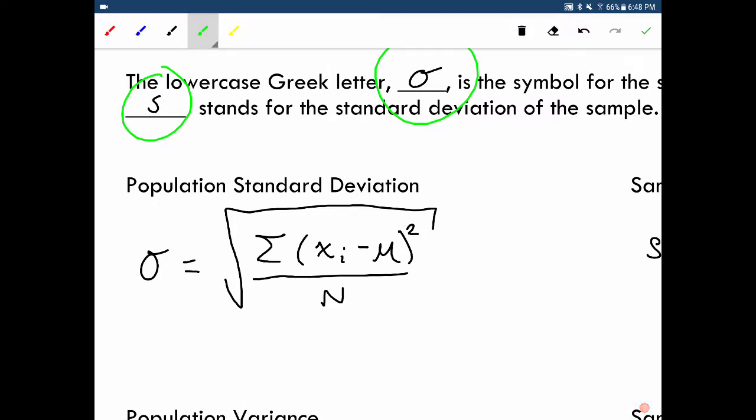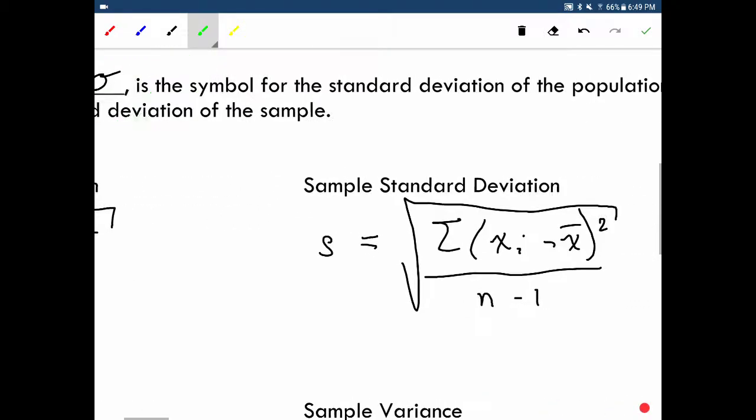What you're going to do is take each piece of data and subtract the mean. You're then going to square it and add all of those up. We then divide by n, which is the number of items in the population, and then take the square root of the whole thing. It's not terribly hard, it's just that as the data set gets bigger and bigger, it can be quite tedious to calculate.